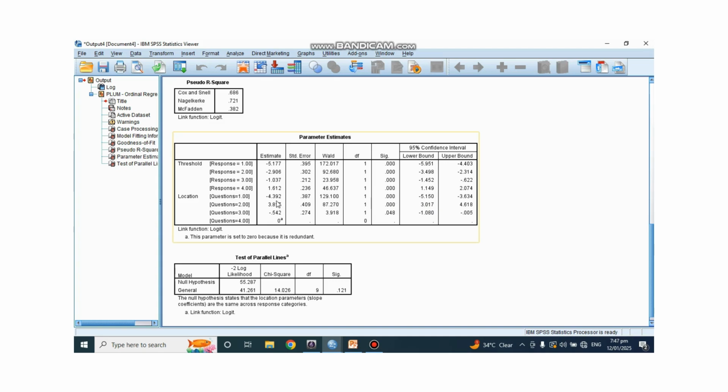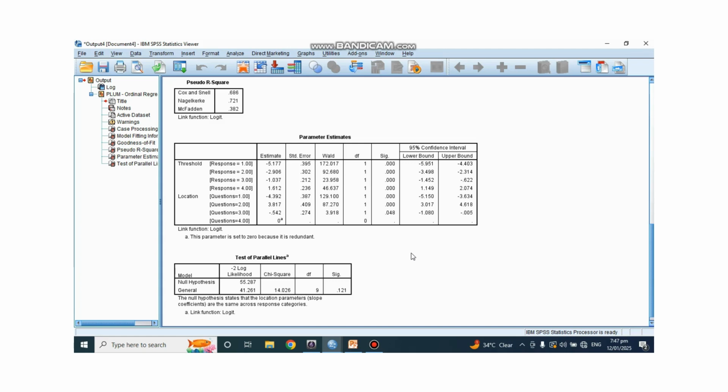You can see that the estimate is minus 4.392. Also for question 2, the estimate is 3.817, and it is positive with a p-value that is less than 0.05.